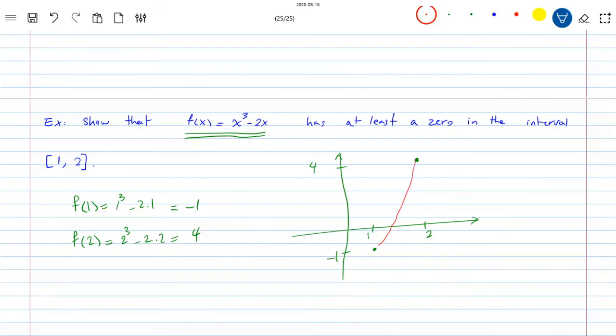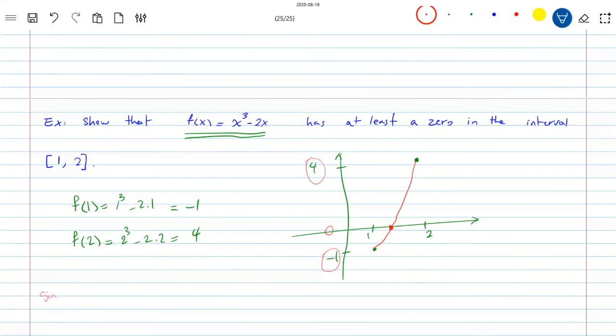I'm going to pick the simplest case again. You don't need to draw the curve. I'm just going to show you that I can say, okay, since one of the y values is positive and the other y value is negative, therefore there should be a point by the intermediate value theorem where the y value is 0, in between negative 1 and 4.